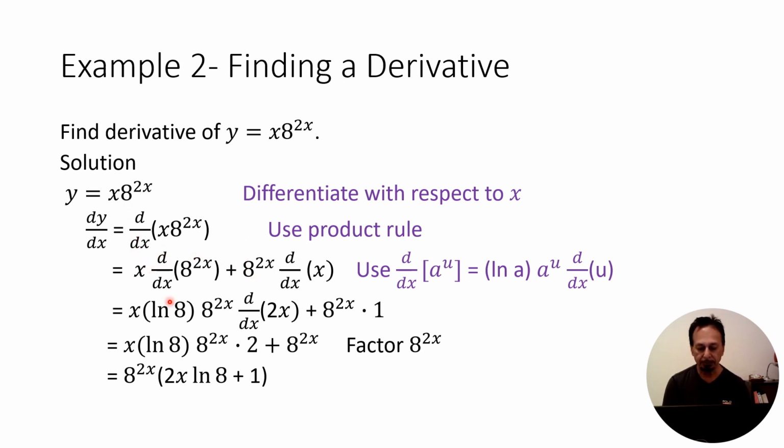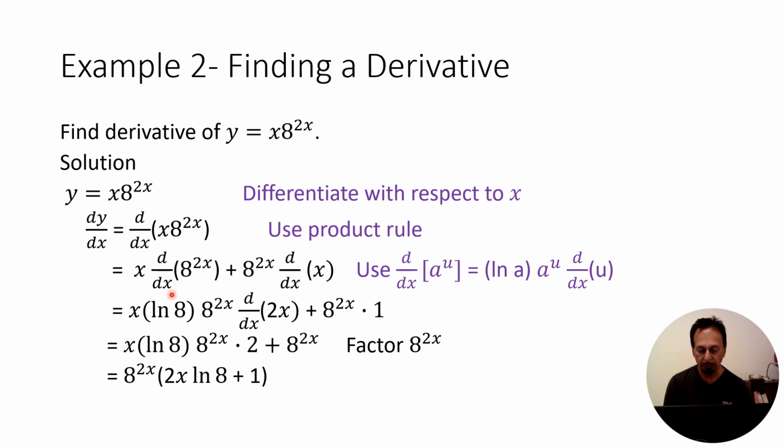Now the product rule says that you take the first function x and multiply by the derivative of the second function 8 to the 2x, plus the second function 8 to the 2x times the derivative of the first function x.